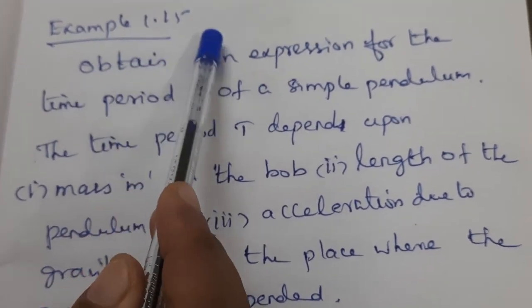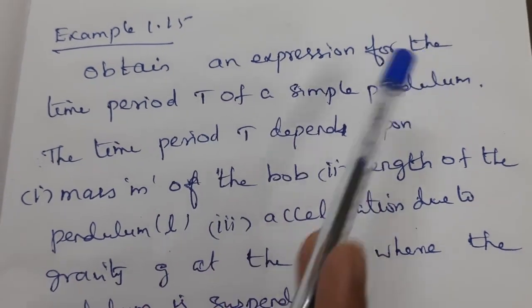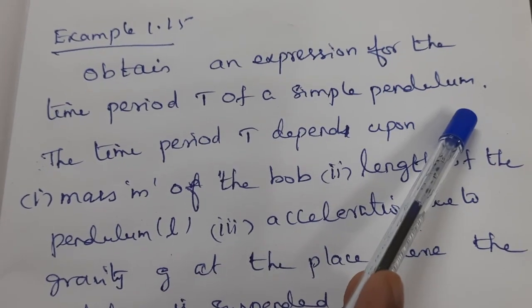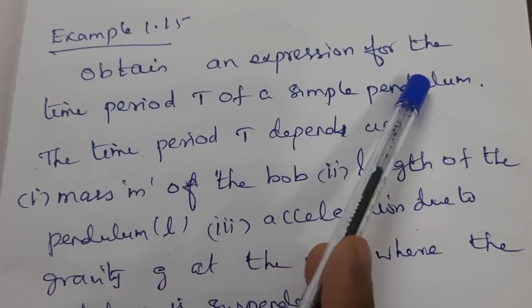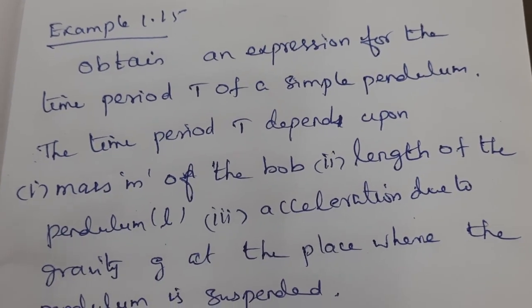Example 1.15. Obtain an expression for the time period T of a simple pendulum.